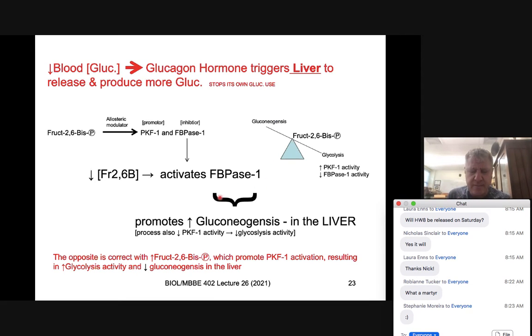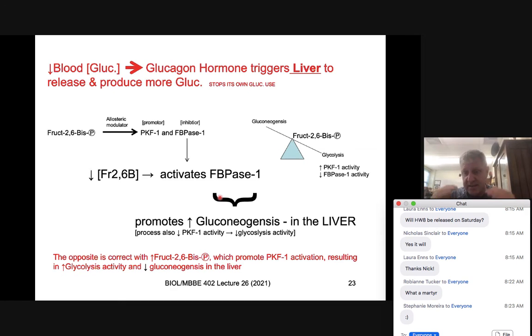So the liver is very, very important in doing this. And we're going to see the opposite with an increase in concentration of the fructose 2,6-bisphosphate, activation of the phosphofructokinase number 1, which will then give us that glycolytic pathway at the expense of gluconeogenesis in the liver.